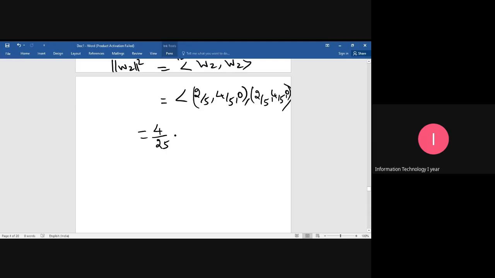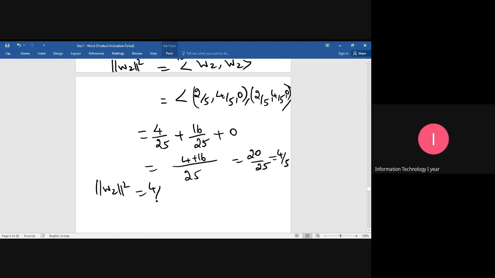Plus 4 by 5 into 4 by 5, 16 by 25, plus 0 into 0 is 0. Taking the LCM, 4 plus 16, this is 20 by 25, right? So it can be written as 4 by 5. So norm W2 square we calculated, it is 4 by 5.